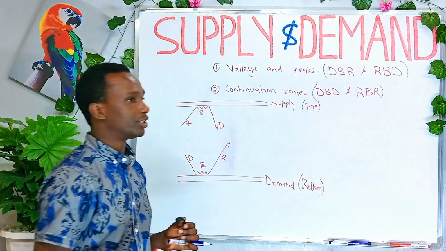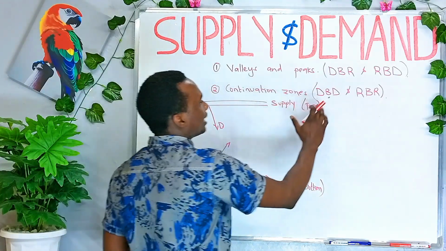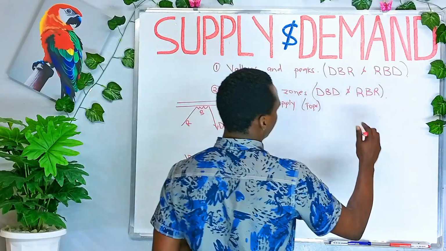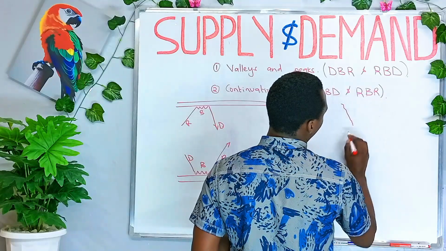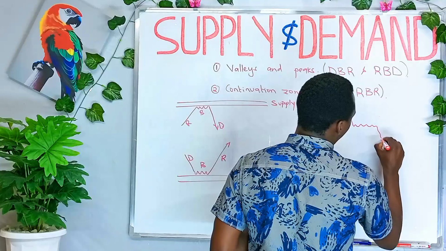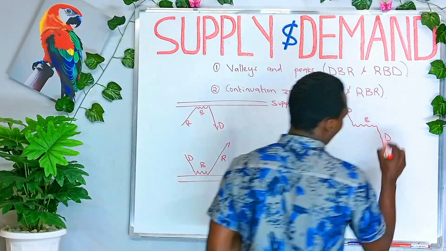Okay, good. So just to look at the second, the continuation zones, these are the drop base drop and the rally base rallies. The drop base drop will appear like this. We will find a drop in price, you will find a base and then a drop. Okay, drop base drop.